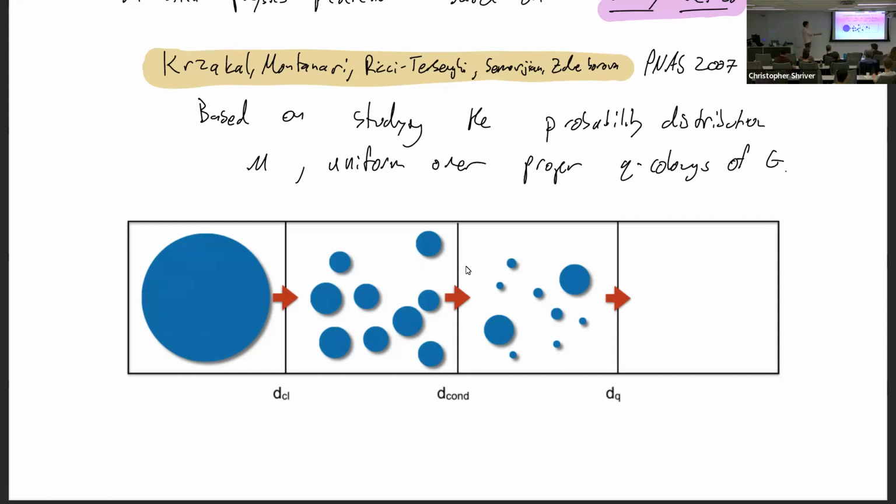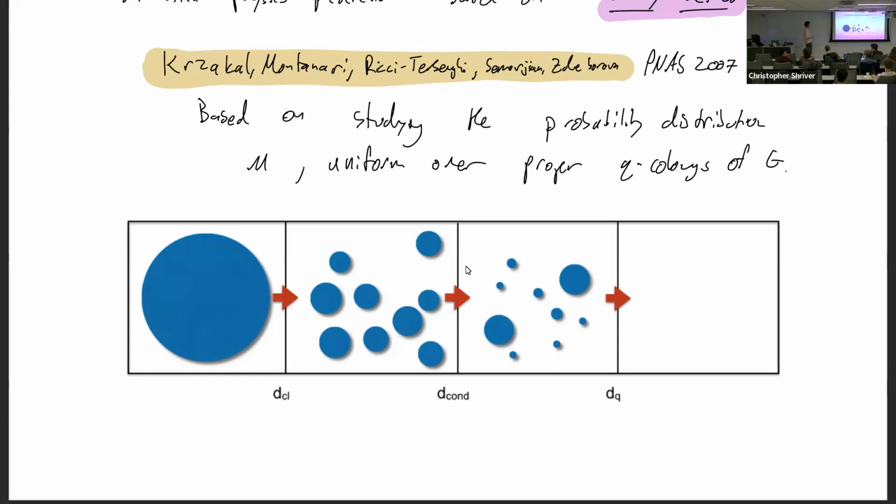And the idea is for very small d, basically all the proper Q colorings exist in one big connected component. So you can get between two proper Q colorings by just changing one color at a time and staying proper. After this clustering or shattering threshold, the state space breaks apart into exponentially many clusters, each of which have exponentially many proper colorings, and you actually can't get between two different clusters without violating a bunch of edges.